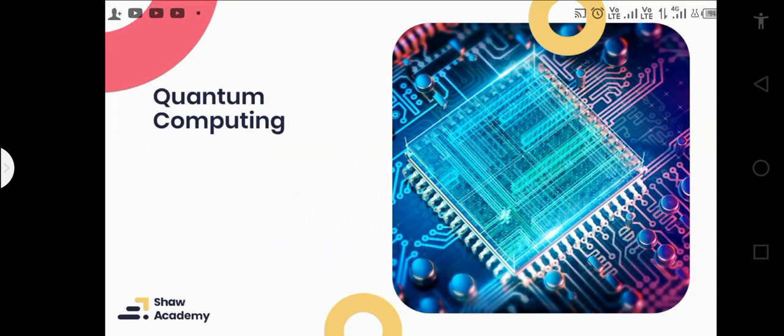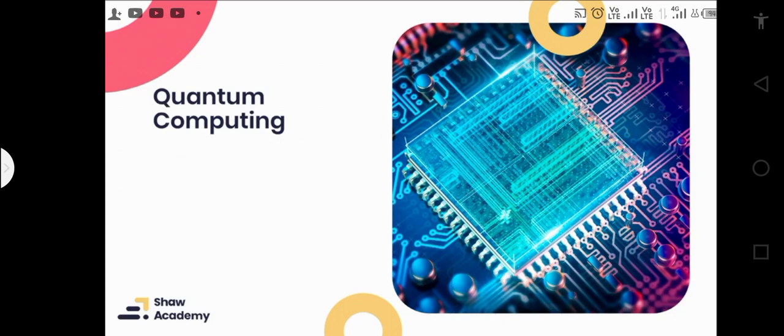Wikipedia's definition of quantum computing is an area of computing focused on developing computer technology based on the principles of quantum theory. The quantum theory attempts to explain the behavior of energy and matter on the atomic and subatomic levels. Pretty advanced stuff.